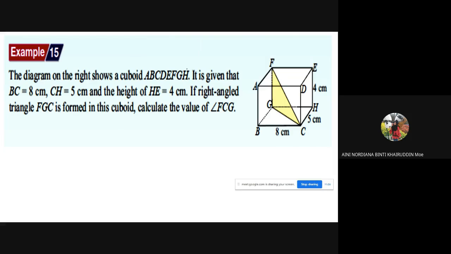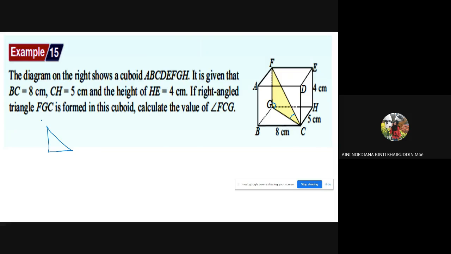So angle FCG, okay, where is my pen? Okay, this is angle FCG. This triangle is actually a right angle triangle with 90 degree here. So kita keluarkan the triangle.